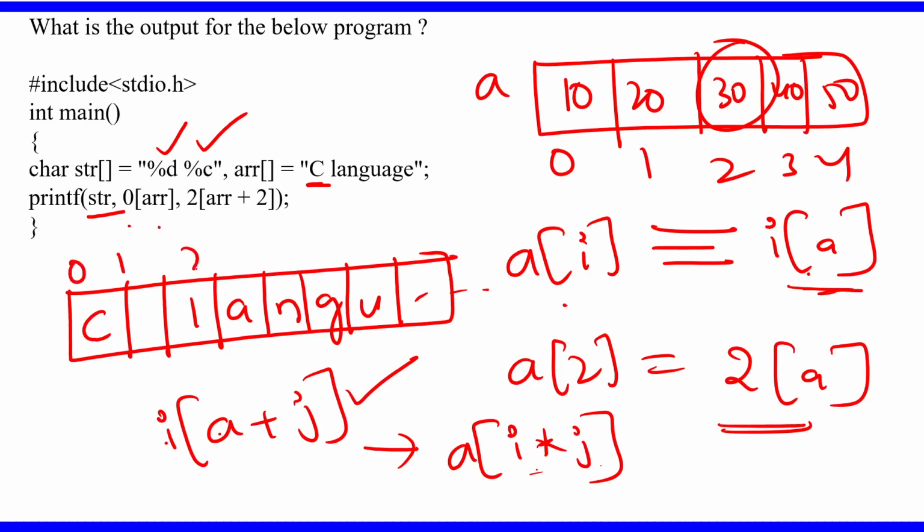So 0, 1, 2, 3, 4, and so on is the indexing for the string. Any guess?